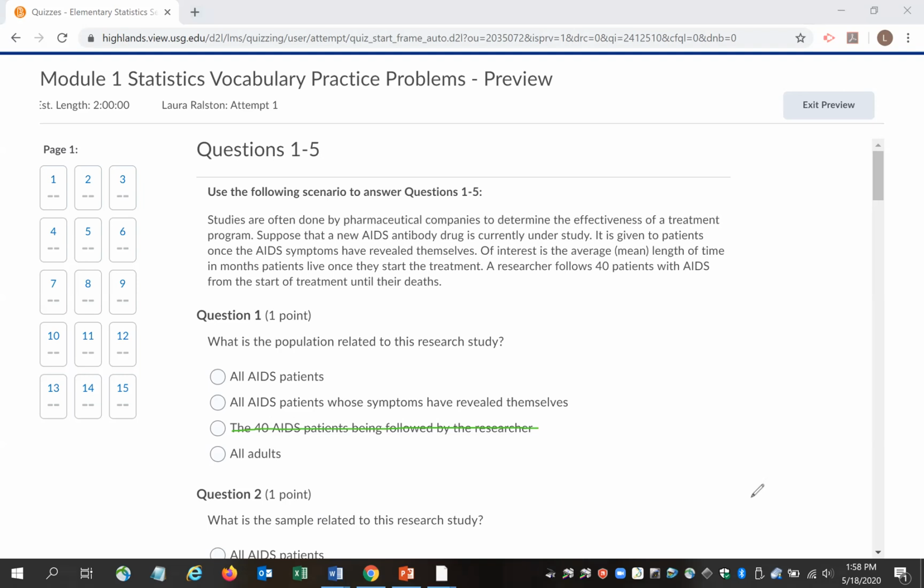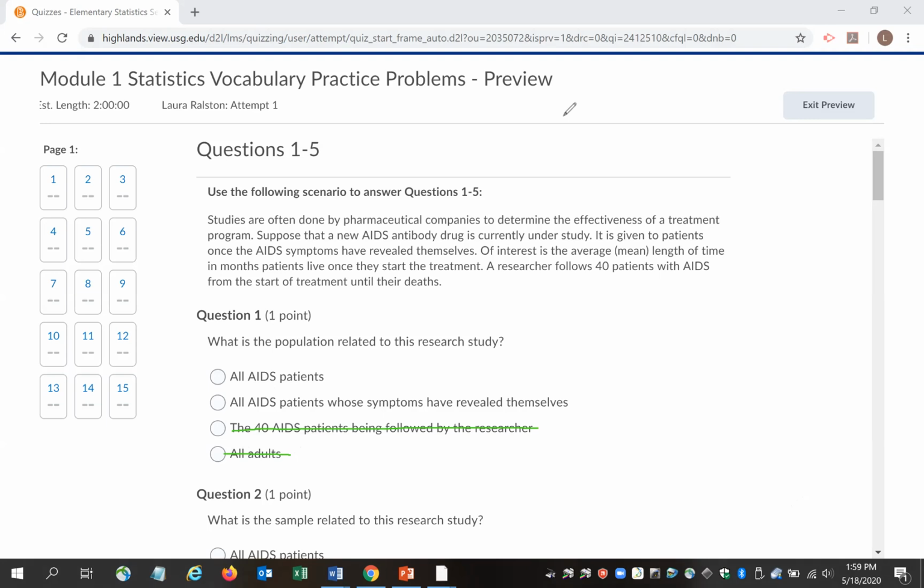I could probably eliminate another one because the scenario was talking about AIDS patients, so it's very doubtful that my population is all adults. So I can eliminate that choice. So I've narrowed it down to either all AIDS patients or all AIDS patients whose symptoms have revealed themselves.